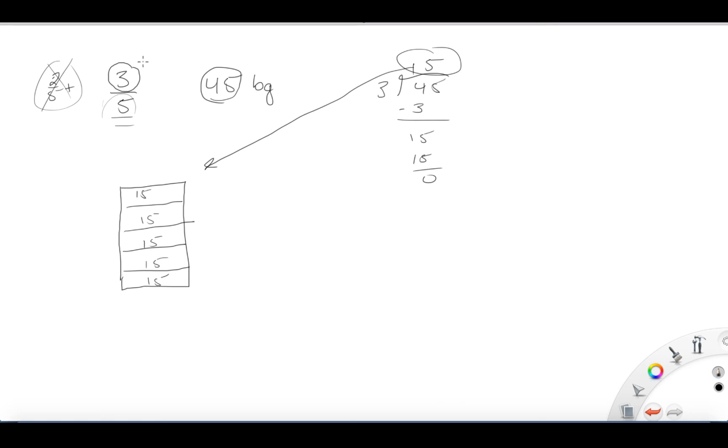Now we said that 3/5 equaled 45 bluegills, and that's true, but we also have 2/5. So if this is 3/5, then this down here is 2/5. That means we have 30 more fish. So 45 plus 30 gives us 75 total fish. And we can find that out relatively easily based on just some simple fractions.